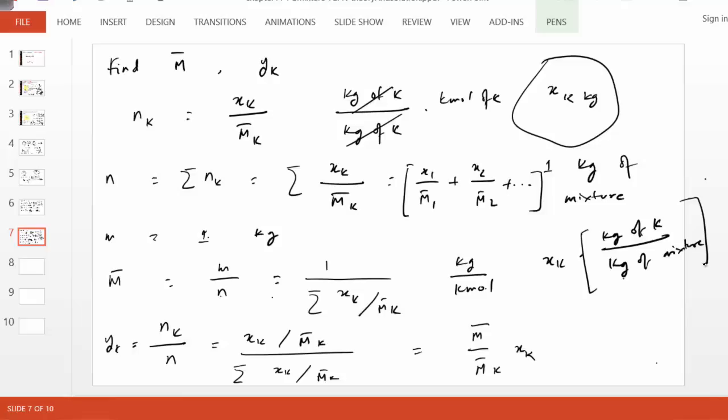But if you look at the real meaning, xk means so many kg of K, and the denominator is kg of the mixture. That's why we have here xk kg of K, and we divide, and that's how we find yk, which is kilomole of K per kilomole of mixture, the mole fraction.